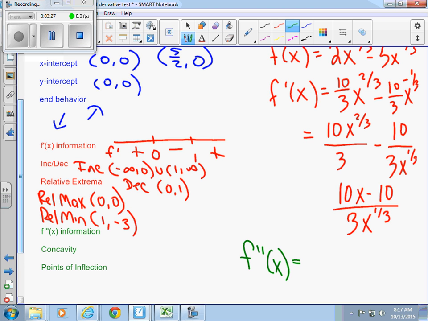And so I get 20 ninths x to the negative 1/3 plus 10 ninths x to the negative 4/3.